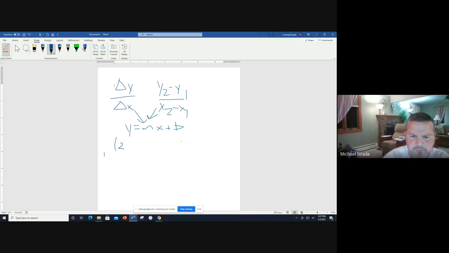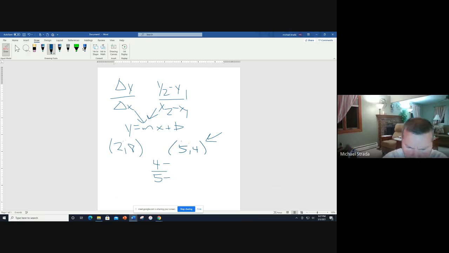So if we have two points, (2, 8), and (5, 4), and I want to get that slope, you can start with either one. We'll show you that in a second. But if we start with the (5, 4), we take the y coordinate, which is 4, and put it on top of the x coordinate, which is 5.